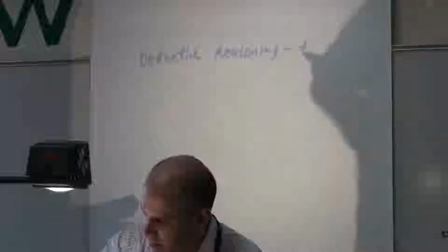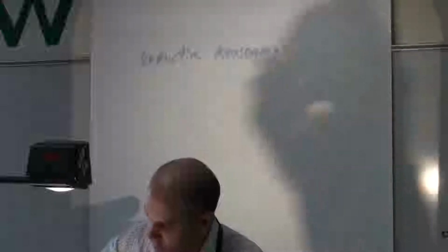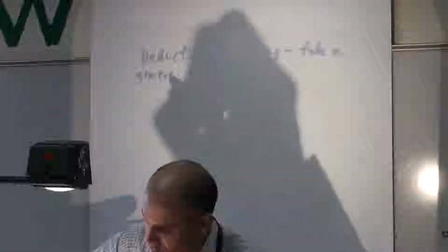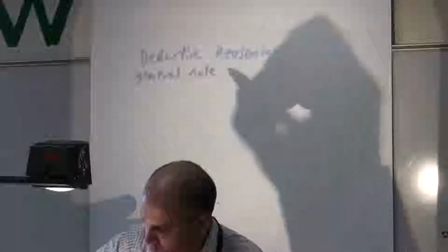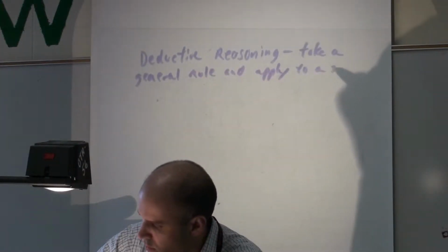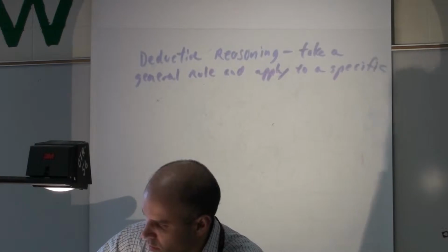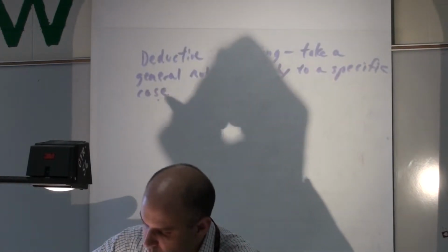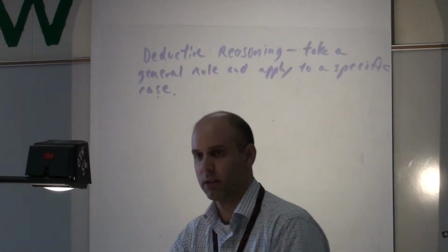With deductive reasoning, you take a general rule and you apply it to a specific case. That's what we do most of the time in science.